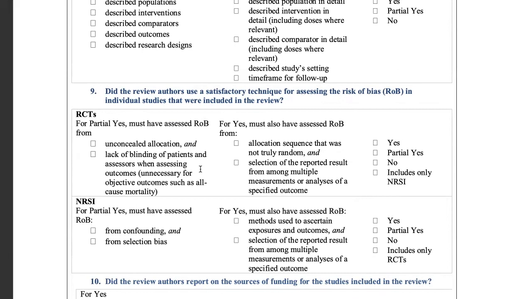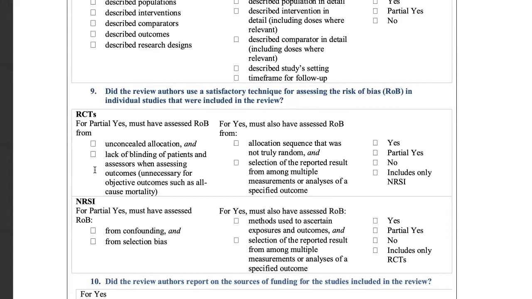For yes, in addition to these first 2 criteria, they also need to assess the risk of bias from allocation sequence that was not truly random and selection of the reported result from among multiple measurements or analyses of a specific outcome. So if these four are met, it should be yes. And if one of these is missing, it should be no.